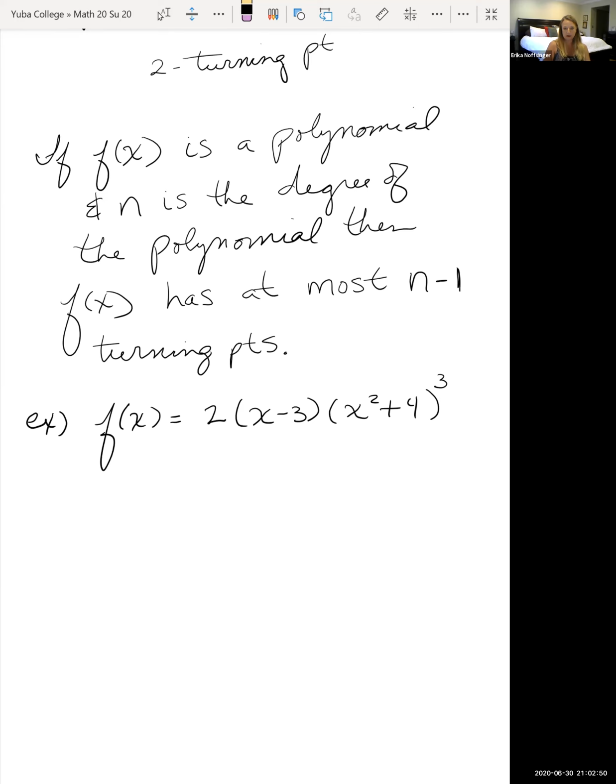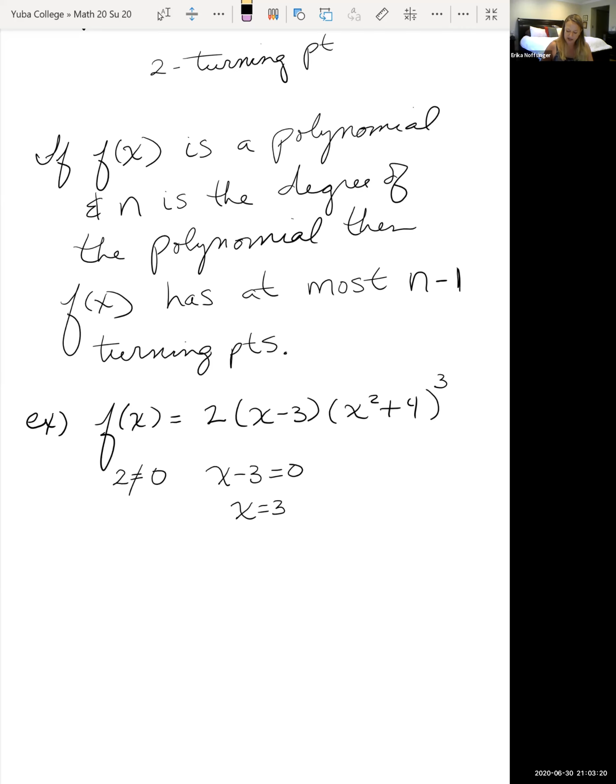Okay, so it's factored. So we can find the zeros by setting each factor equal to 0 and solving for x. Well, the first factor, which is 2, we set that equal to 0. Well, that just doesn't work. x minus 3 is equal to 0 when x equals 3. x squared plus 4 is a quadratic factor because it doesn't factor over the real numbers.